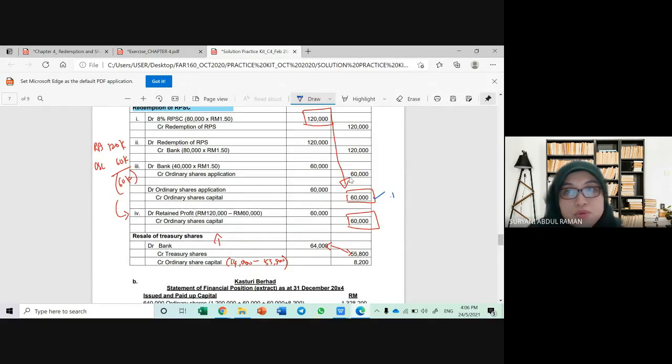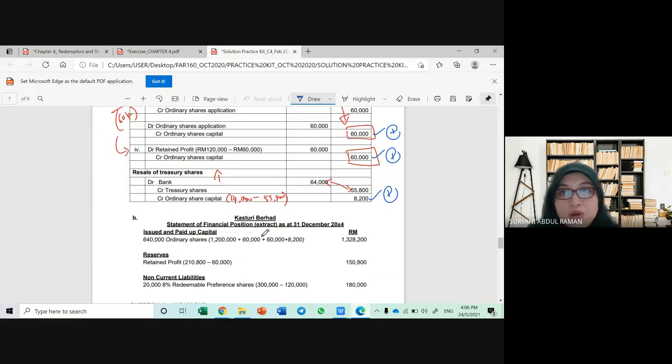So we have to add because it is on the credit side. Another one, you have to add also because it's on the credit side. And another one, you have to add up also because it's on the credit side. So we have to add up all these three values, and it totals up to 1,228,200 ringgit.